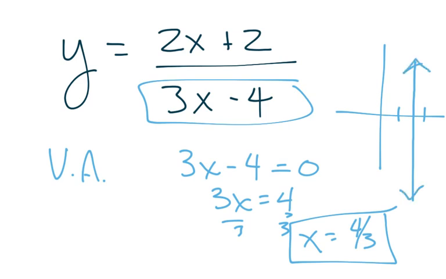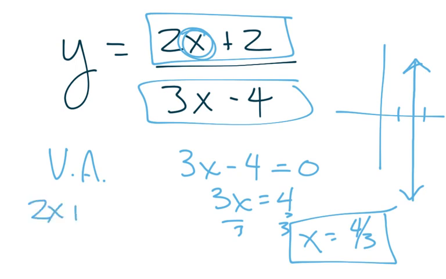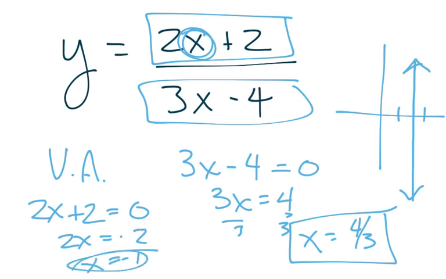Now, in everything we've done before, there was never an x in the numerator, was there? Well, now there is, and so now, wherever the numerator equals 0, that will be our horizontal asymptote. So we'll get 2x equals negative 2, I'm sorry, x equals negative 1, I believe.